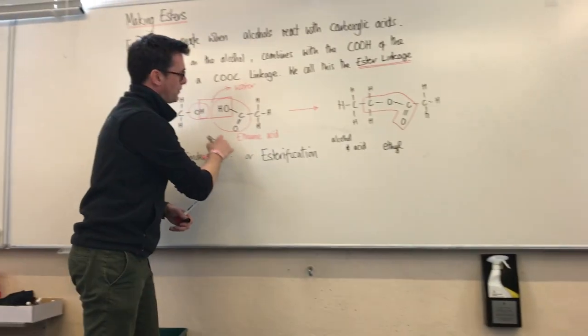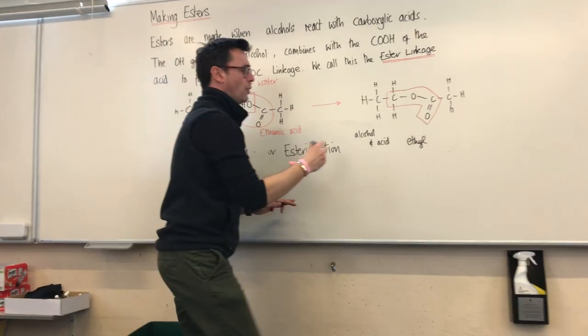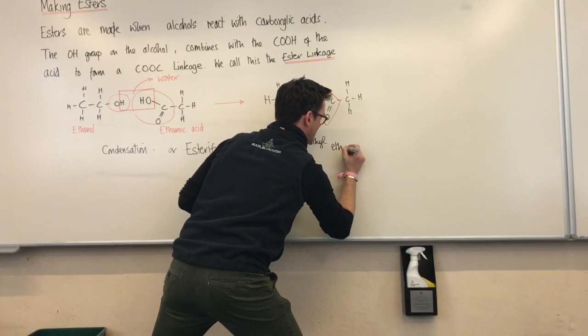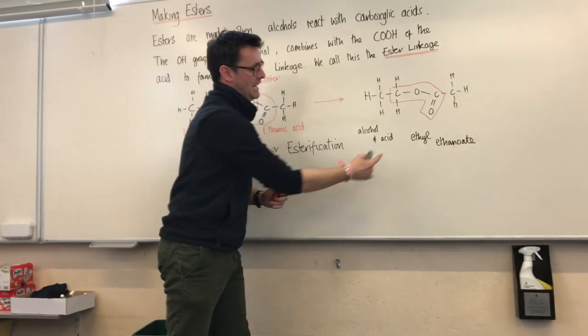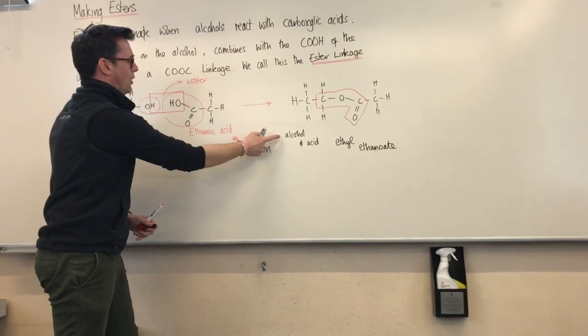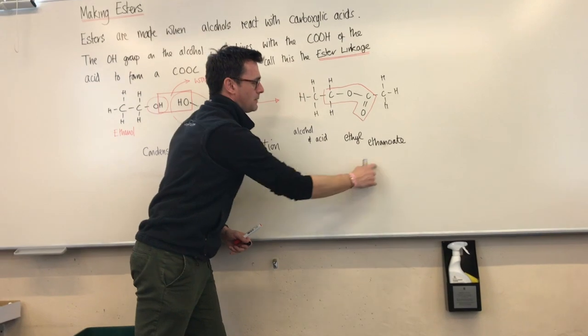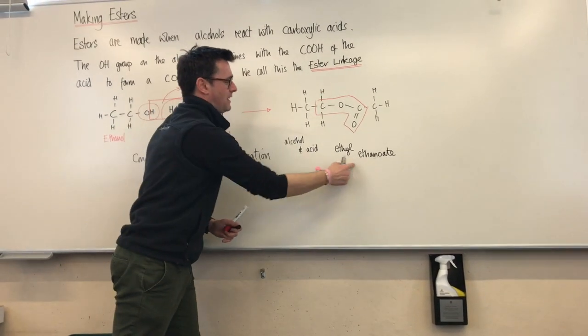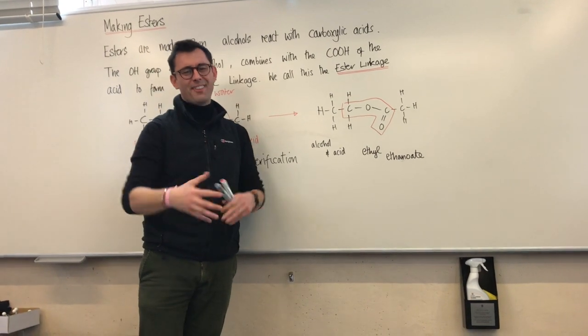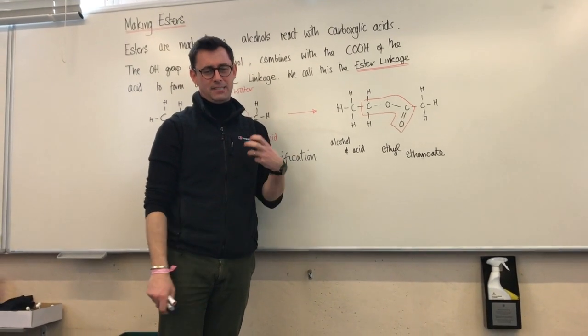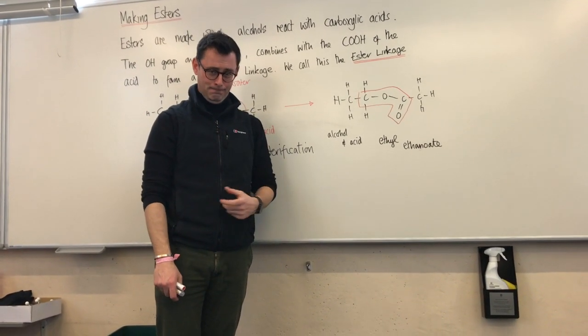And because it's made from ethanoic acid, we call it ethanoate. So the ethyl comes from the alcohol, whilst the ethanoate comes from the acid. So ethyl ethanoate would be the name of this. We're going to look at a few other examples of esters to see if we can name those too. Back in a second.